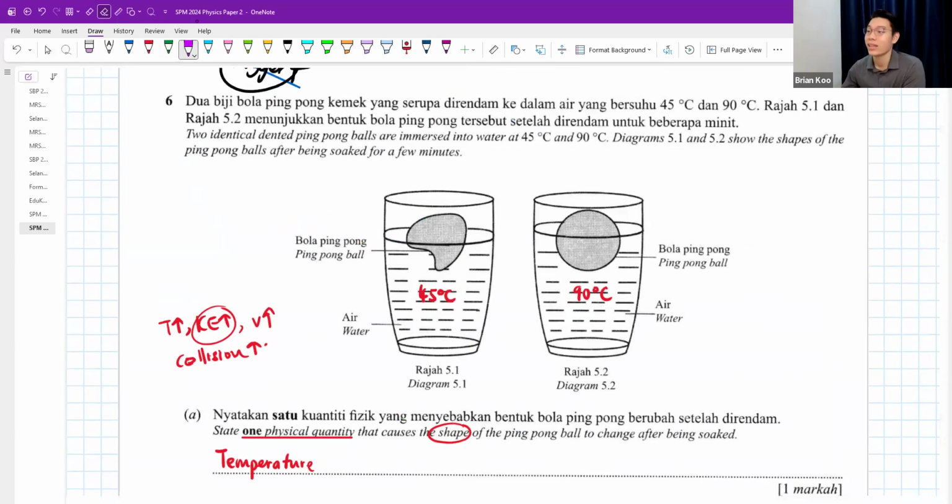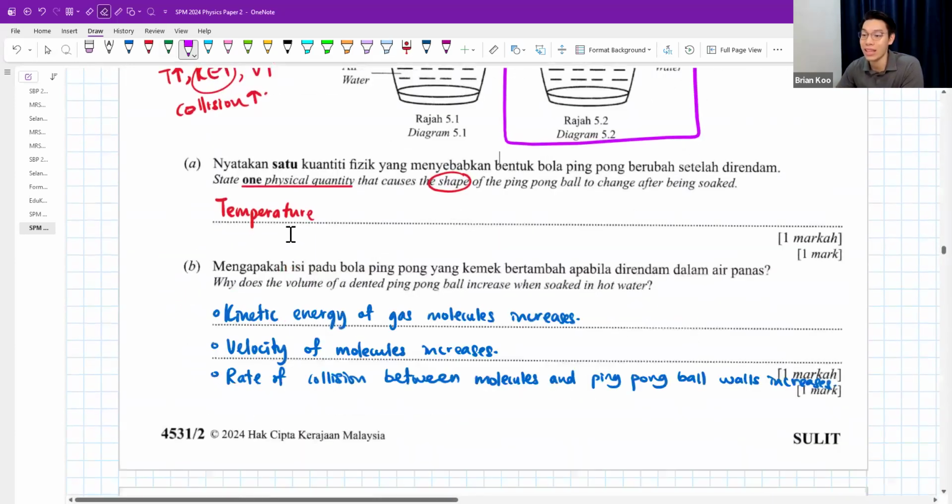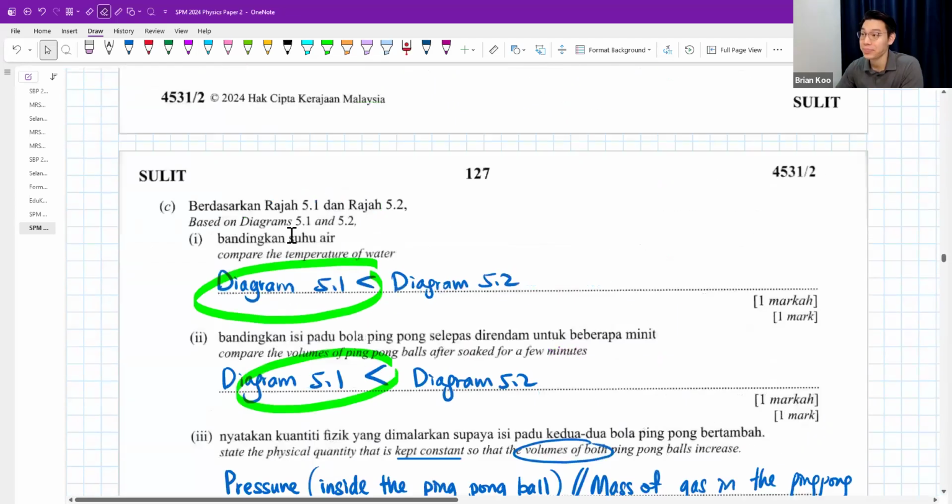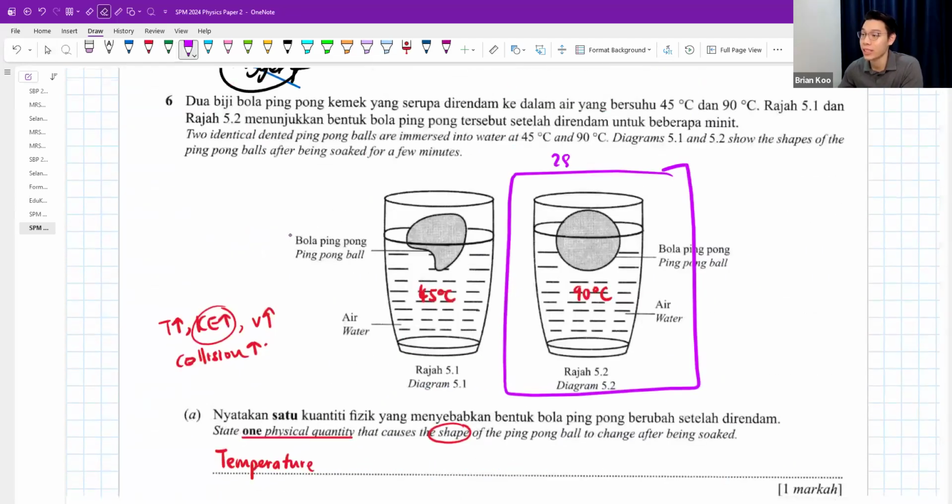Suddenly they say the initial temperature of this is 28 degrees Celsius. So you focus only on diagram 5.2. From 28 degrees Celsius becomes 90.